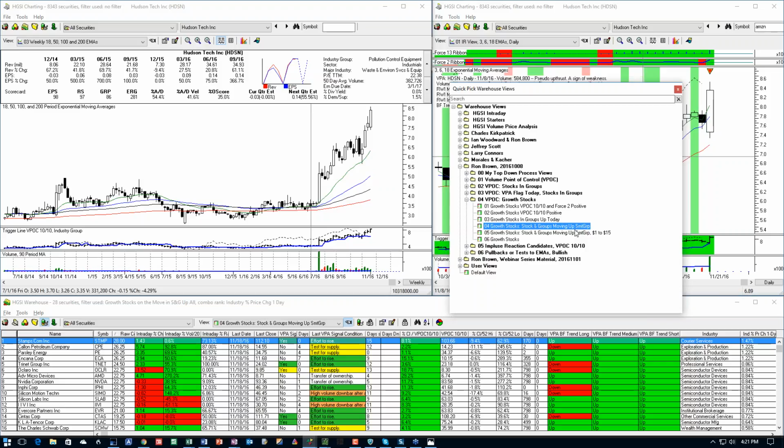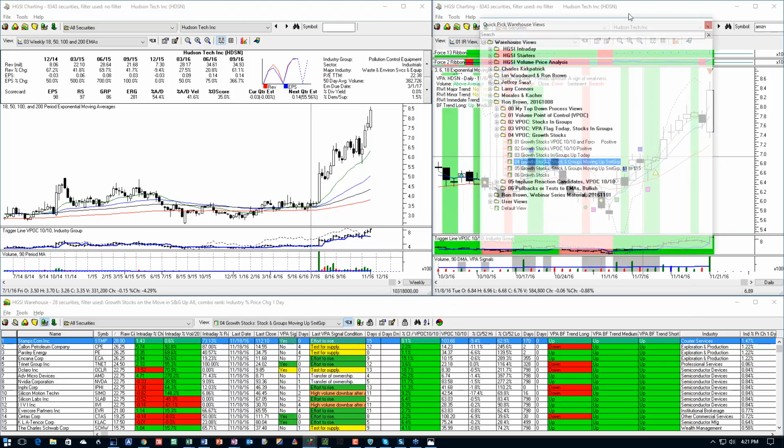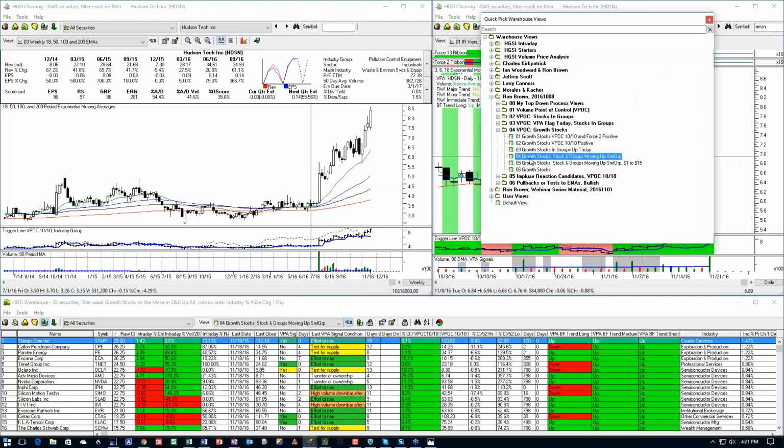I didn't do that here. I am looking at growth stocks in smart groups. So I have two of them here. Growth stocks with the 2020 requirement in stocks and groups moving up, both the normal and the 1 to 15. So let's take a quick look at that filter.